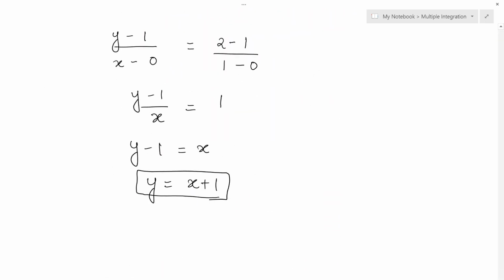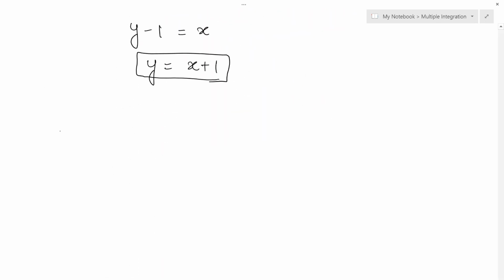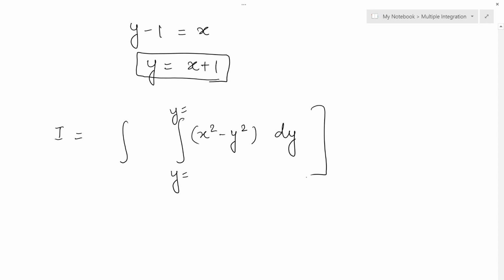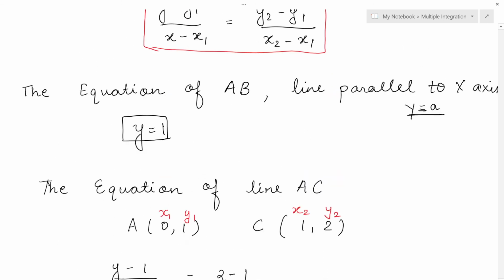So let us write the limits of integration now. The integrand is x square minus y square. Since we are taking a strip parallel to the y-axis, we will integrate with y first, and then with x. Okay, so now writing the limits, the strip touches the lower end.